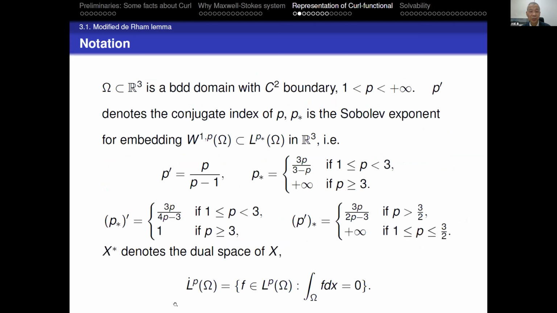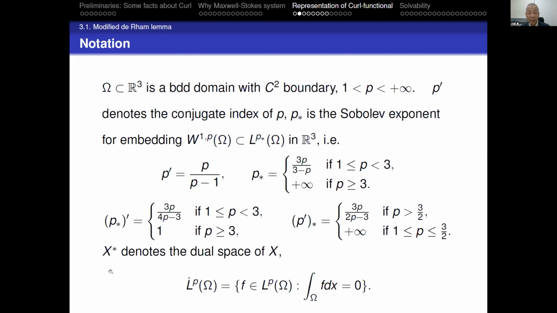Okay, so we assume that omega is a bounded domain again in space, and P is bigger than 1, a positive number, and we use P prime to denote the conjugate index, and P star to denote the Sobolev exponent for the embedding W1P into LP star. And we also need P star prime and P prime star.